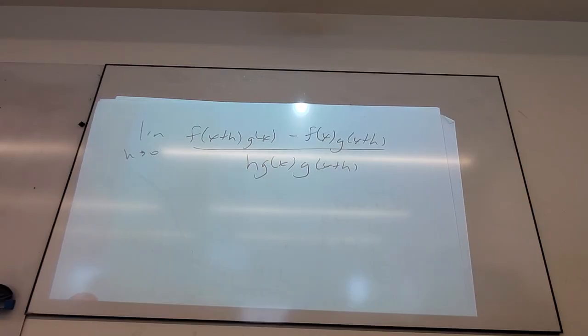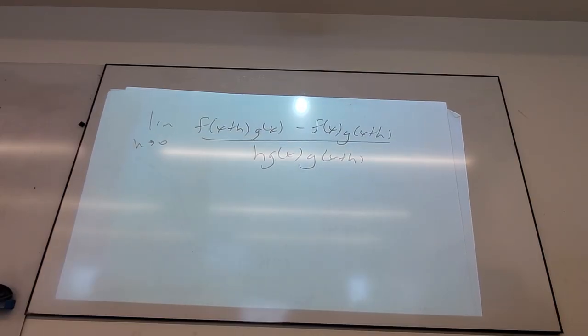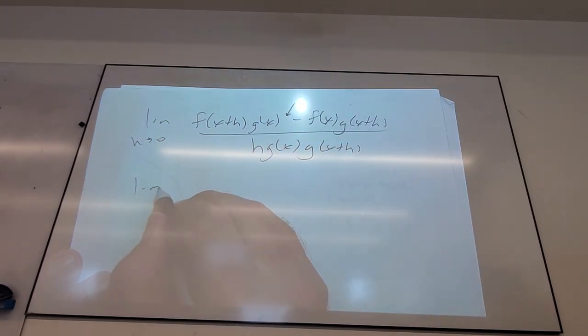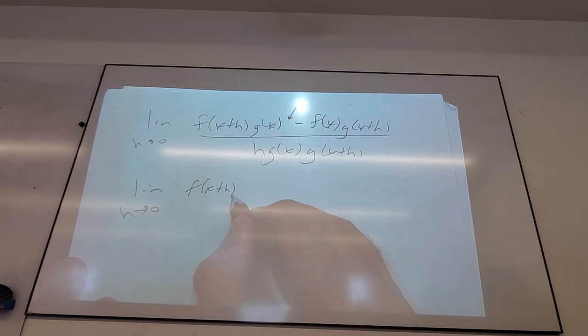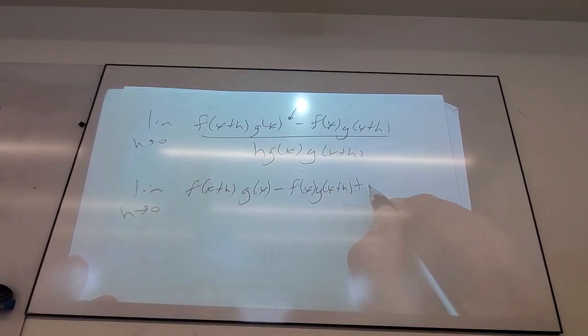What does the top look like? Doesn't it look like the product rule, but with a minus sign? Doesn't it look like it wants to be? So see, I could do that same trick. Let me see if I remember. I think last time we got a little lucky. I want to do this: minus f of x, g of x plus h, plus f of x, g of x plus h, minus f of x, g of x.